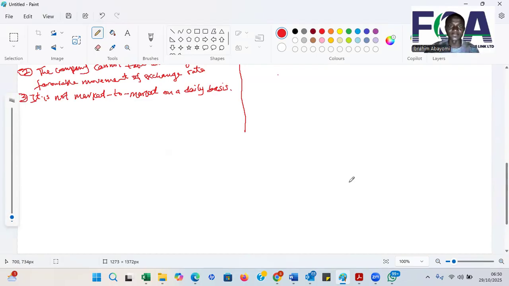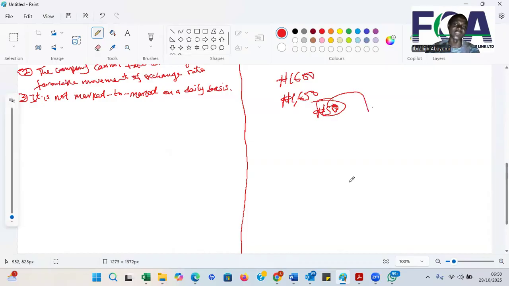For instance, if the exchange rate is 1,600 when I enter into the transaction, and the exchange rate has moved against me to 1,650, I have already lost 50 naira on that particular day. So mark to market simply means that I have to settle this amount to the other party.